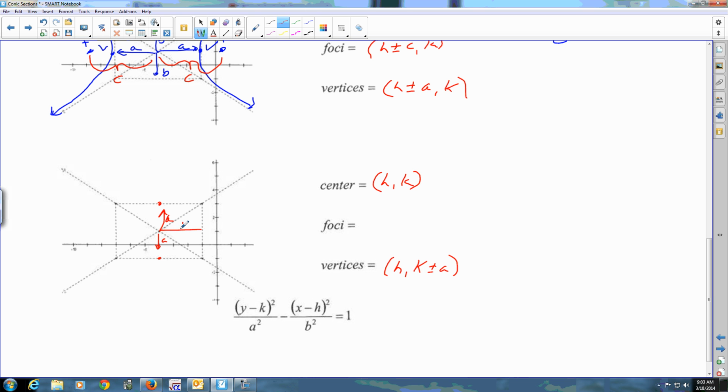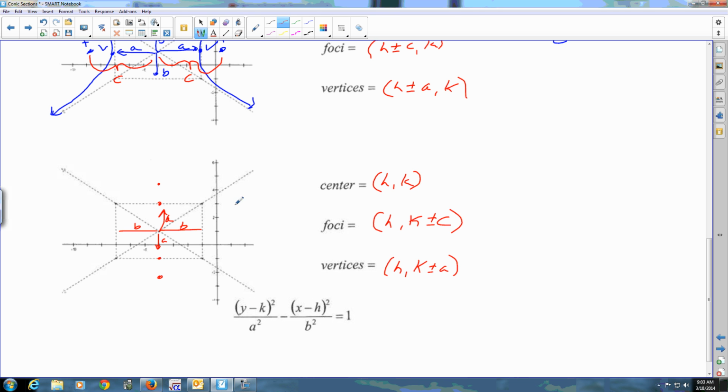This distance is B, because it's associated with the x. The foci are going to be somewhere out here and somewhere out here, and that distance is C. So it's (H, K plus and minus C).